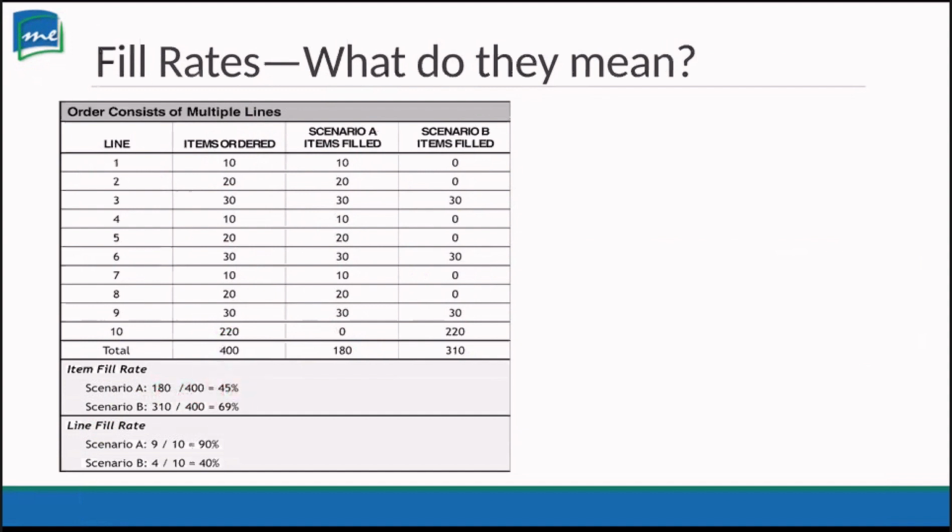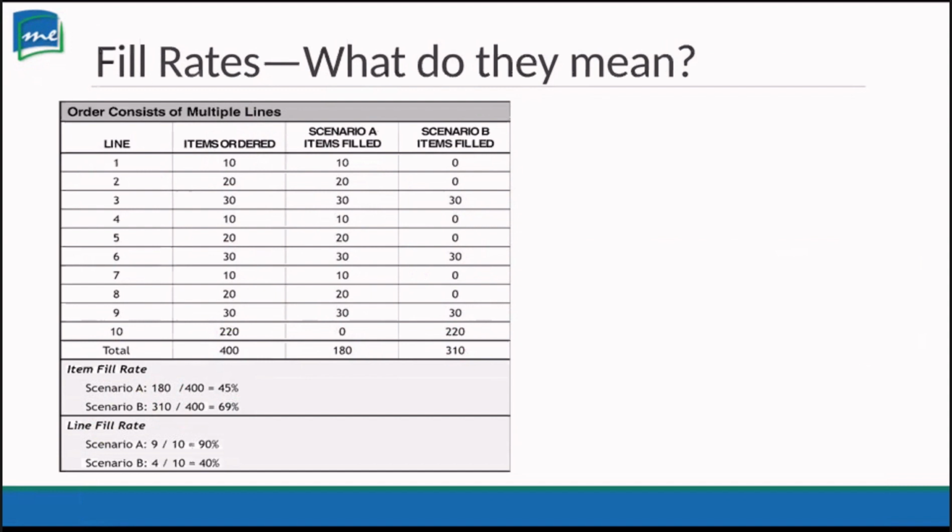So the item fill rate is 45% for scenario A. For B, even though it only fills 4 lines, the last line is 220, which takes a large amount of the total orders. So for scenario B, the item fill rate is 310 divided by 400, which is 69%.